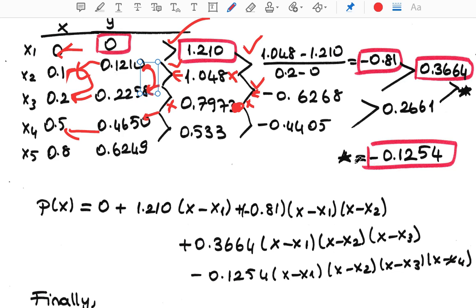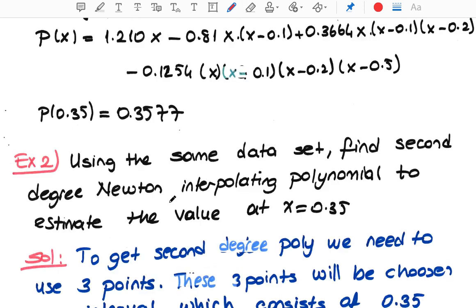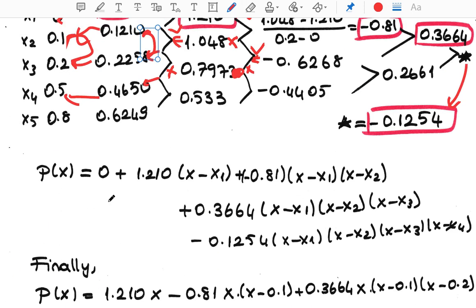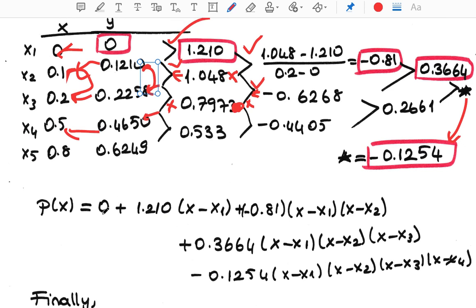And the final result of the star, which is what I'm calling star here, the answer is minus 0.1254. When you are writing your polynomial, guys, it would be 0 plus 1.21. I'm choosing forwardly first, okay? I'm using forward iteration and choosing all the top points that I'm seeing in my columns.